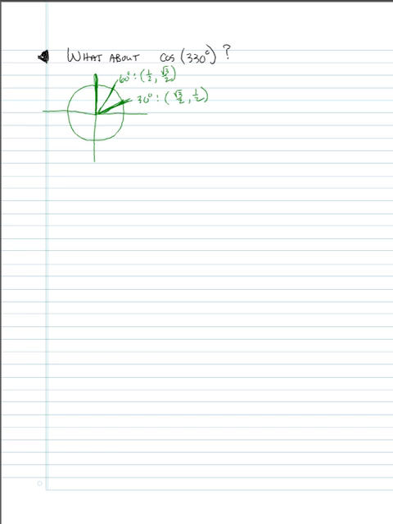If we go 30 degrees more, this is going to be 120 degrees. See, here's 90 degrees, so I'm just counting off by 30 degrees. But look, this point and this point are related, aren't they? If I go 30 degrees again, that's going to put me at 150 degrees. Okay, so here's 150 degrees, and the point we have here and the point we have here are related.